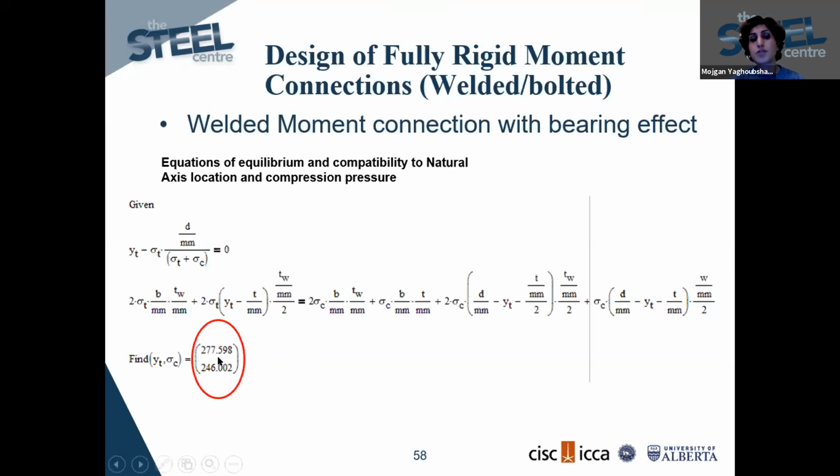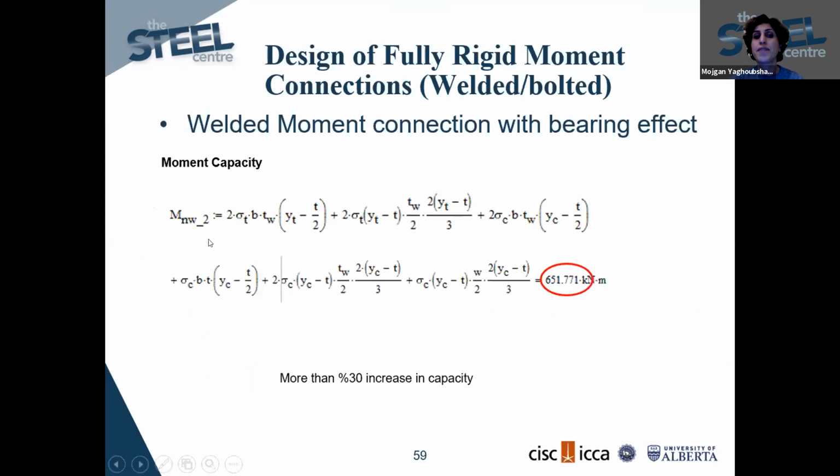And then when we find the location of the neutral axis, we can calculate the capacity of the welded connection. And in the formula, we can count on that compression portion of the W shape as well.